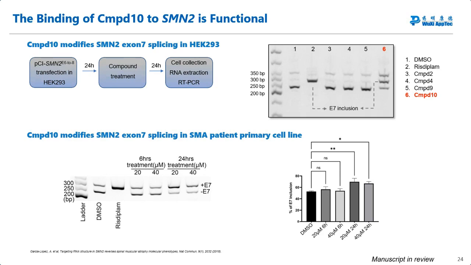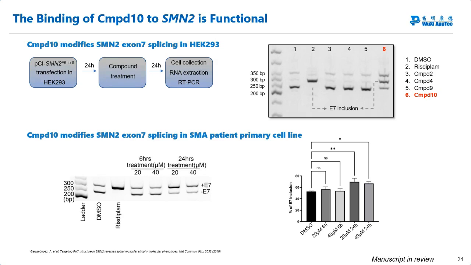In 24 hours, these cells were treated with SMN2 compounds. The treatment was allowed for another 24 hours. Then cells were collected, and RNA was extracted.